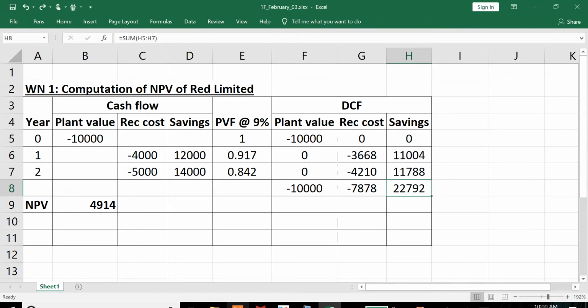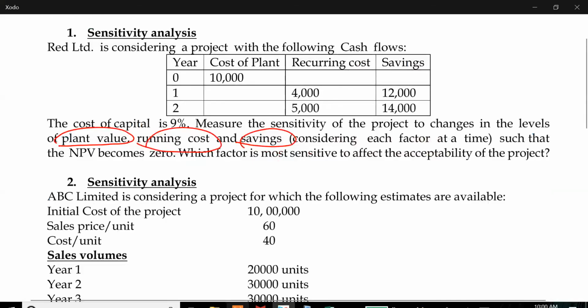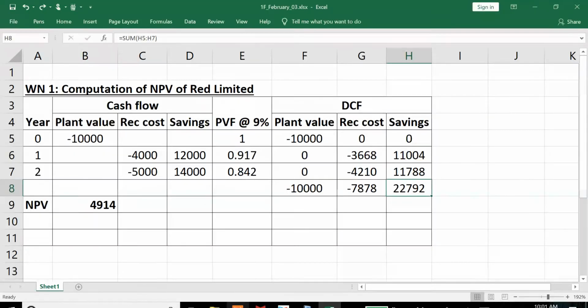Now write sensitivity analysis for plant value. Point number A, the company currently earns NPV of 4914.